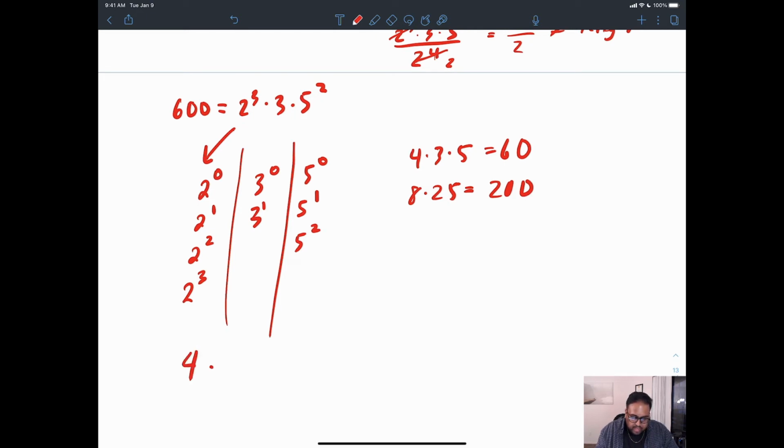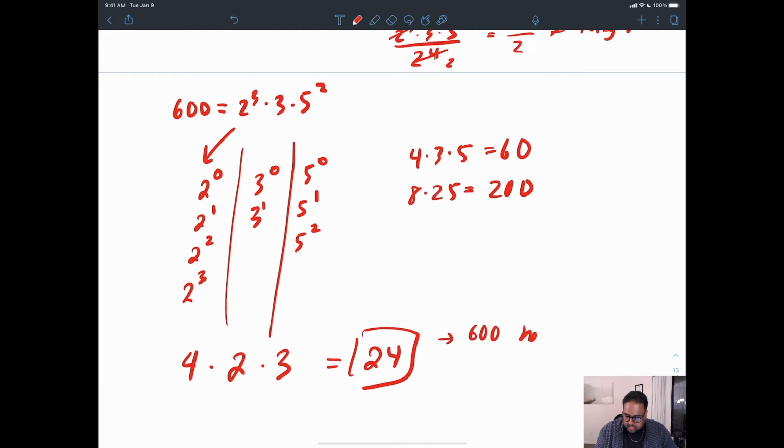How many options do I have for the number of 3s I use? 2. And how many options do I have for the number of 5s I use? 3. So that means the total number of factors of 600 is 4 times 2, that's 8, times 3 is 24. So that means 600 has 24 factors.